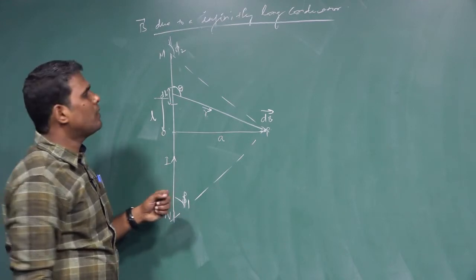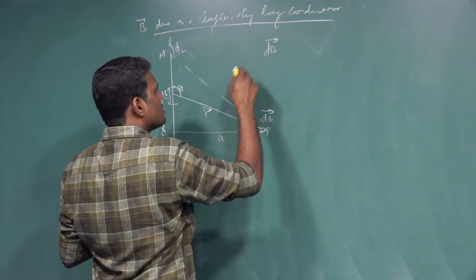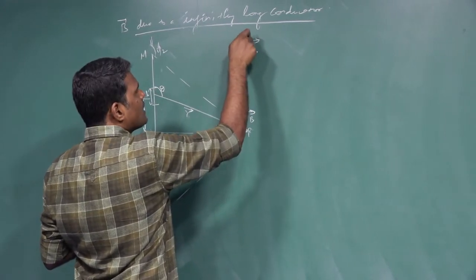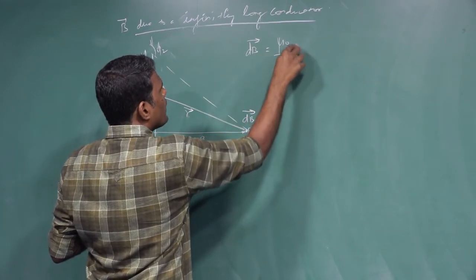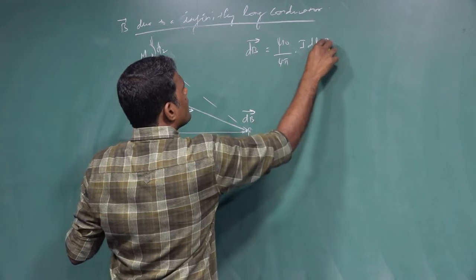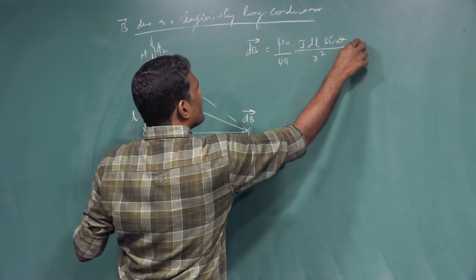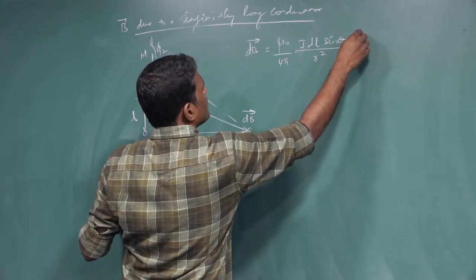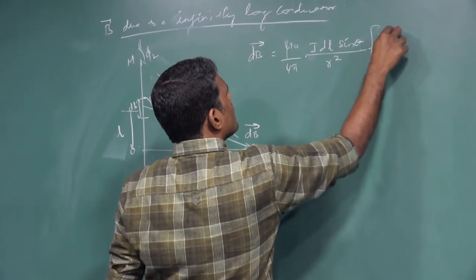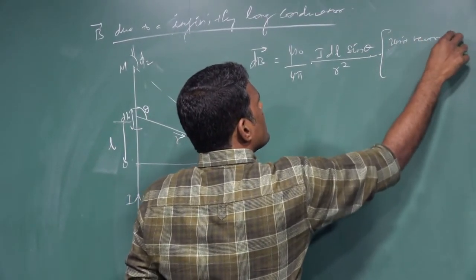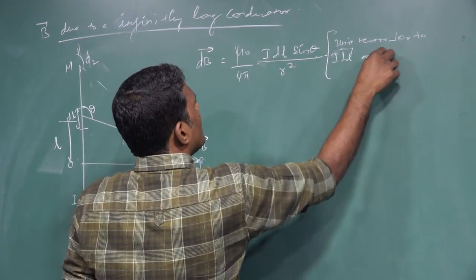The magnitude of the magnetic field as per Biot-Savart's law is dB. Then with direction I can represent it as the dB vector. This is expressed as mu naught by 4 pi, I dl sin theta divided by r square, into n cap, a unit vector perpendicular to the dl vector and r vector.